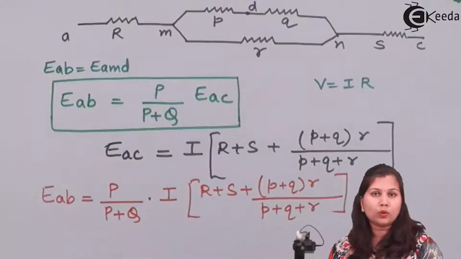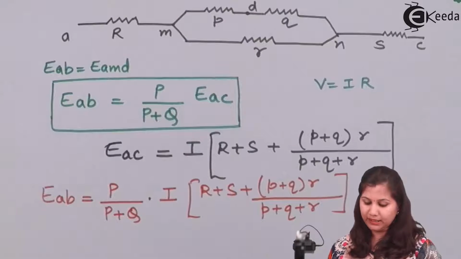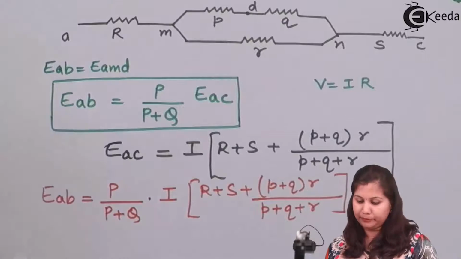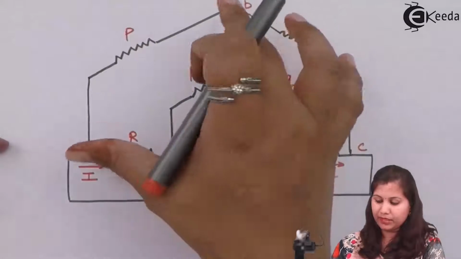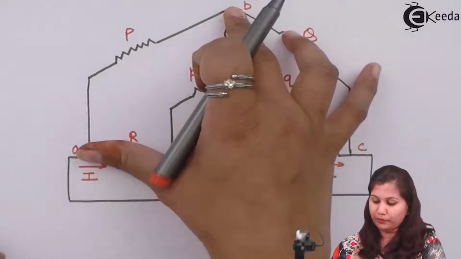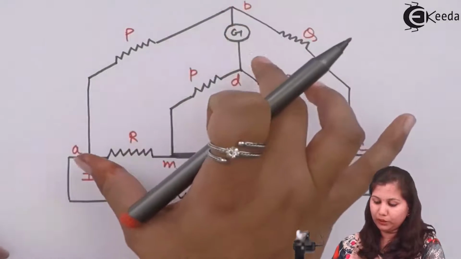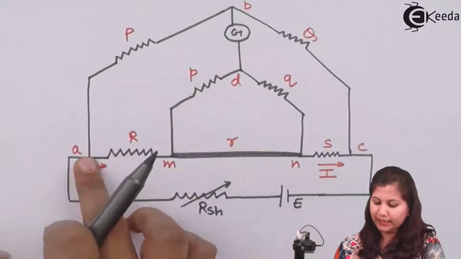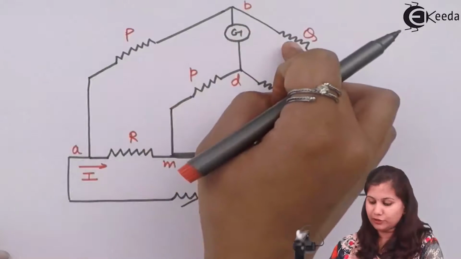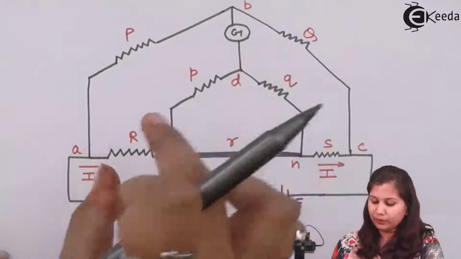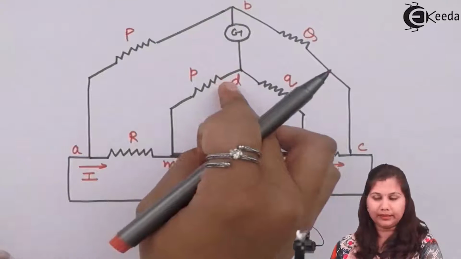So this is the voltage drop across the points A and B. So in this figure, if we see A, B, we have calculated this voltage drop. Now this voltage drop will be equal to the voltage drop across A, M, D. Then only the galvanometer will show the null deflection. Okay. So now we will calculate EAMD.